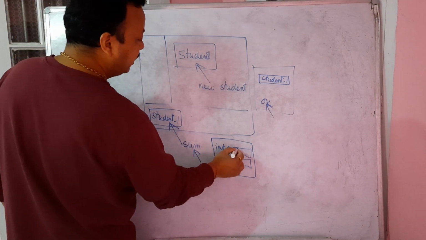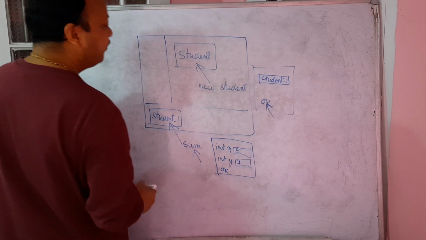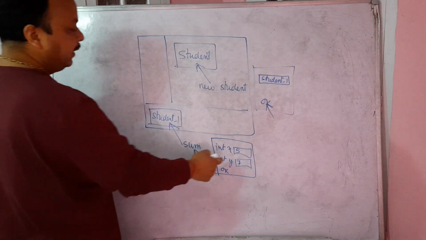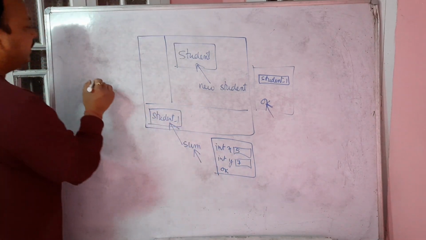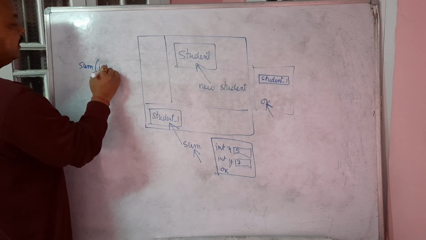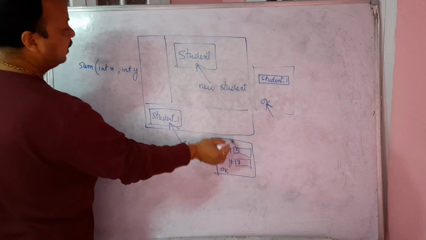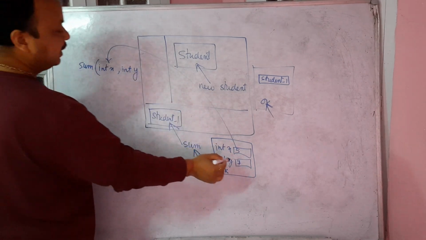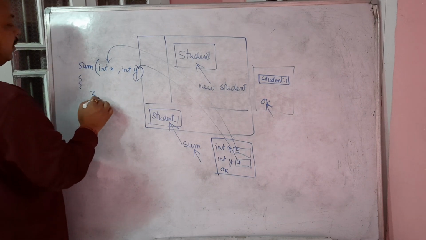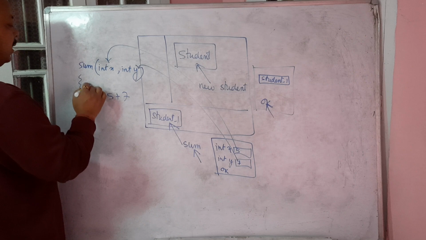If you have given 5 here and 7 here, and then you click OK, these values will be supplied to the function sum where you have x and y. So this 5 will come here, this 7 will come here, and then inside, z will be calculated as 5 plus 7, which is 12.